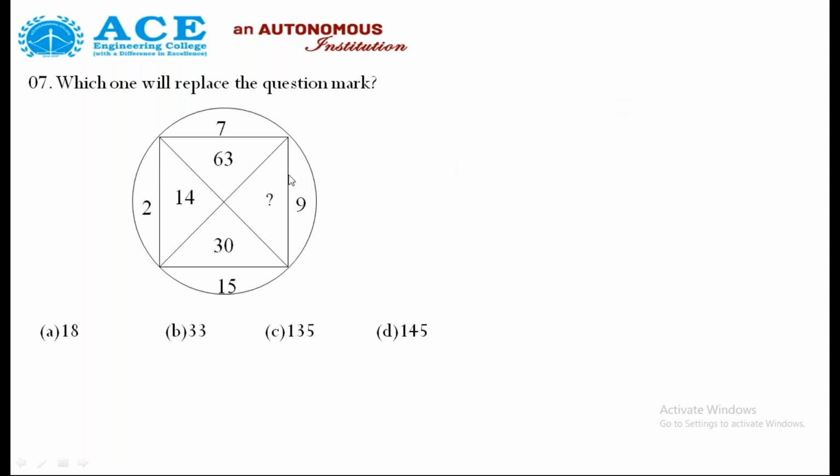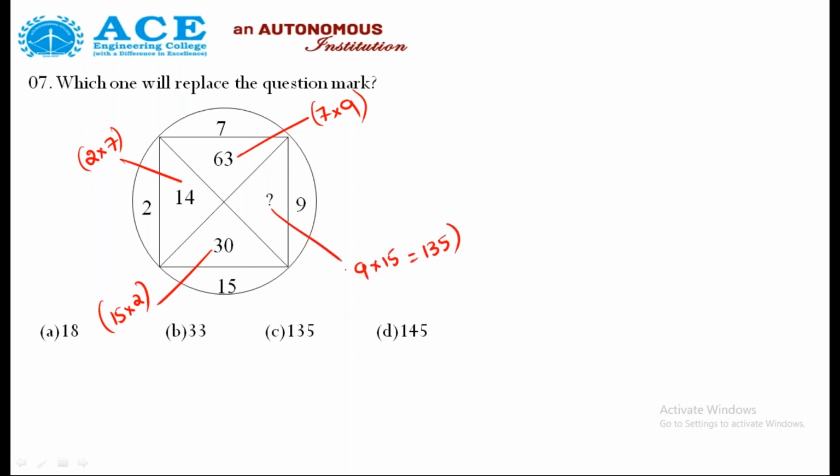Can I say this is 7 into 9? Here this is 2 into 7. This is 2 and 7, 2 into 7. This is 15 and 2. This is 9 into 15, 135, my dear friends.